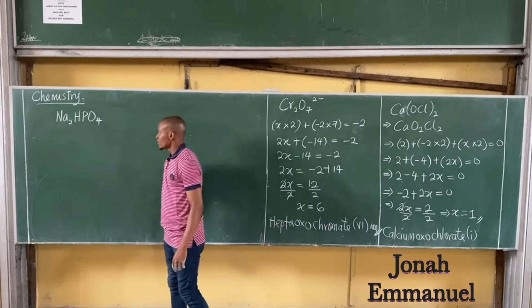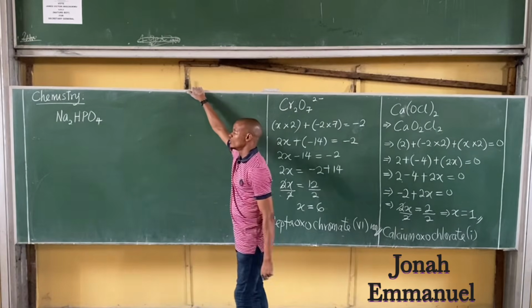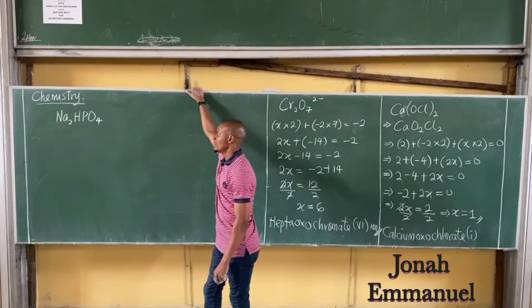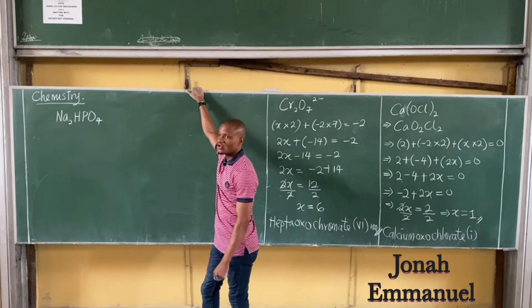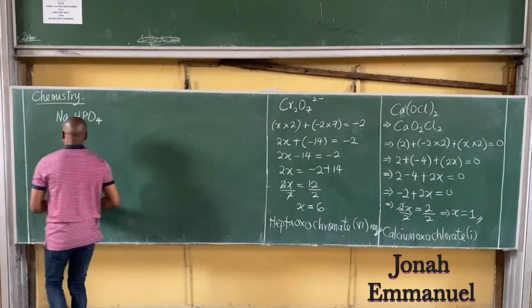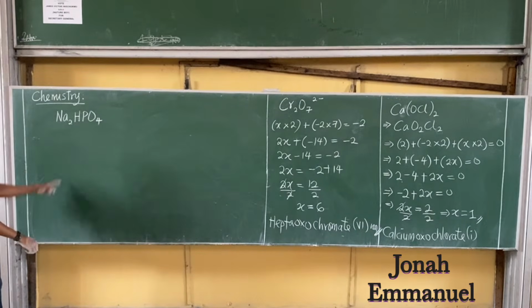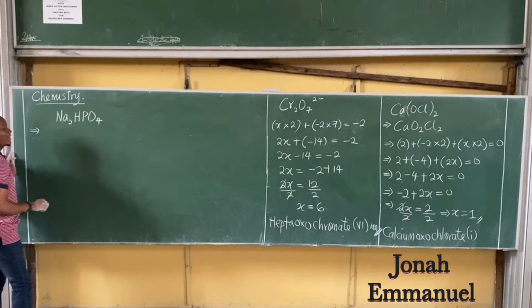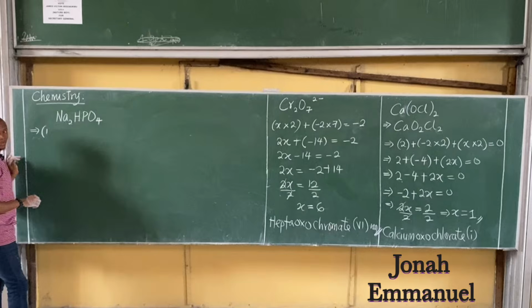Alright, so task 1 would be to calculate the oxidation number of the oxidized element. Between sodium, hydrogen, phosphorus, and oxygen, which one is oxidized? Obviously the key here, phosphorus. Why? It's not oxygen. When it comes to sodium, what's my oxidation number for sodium? +1.